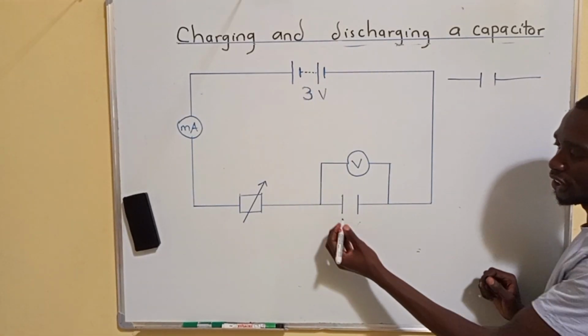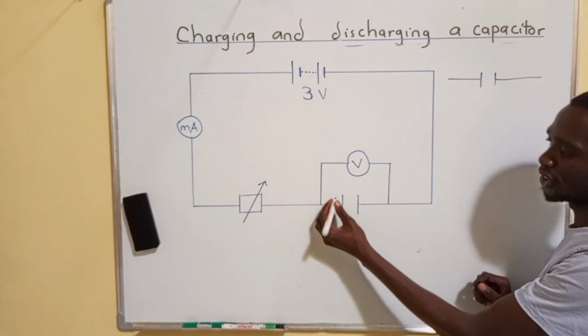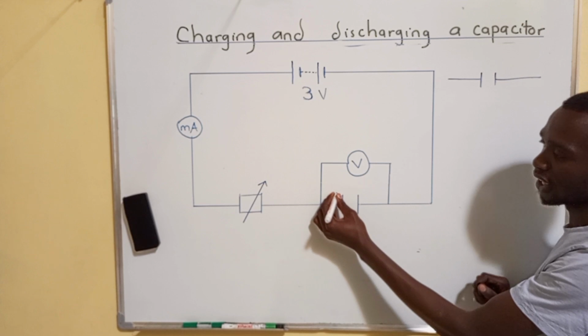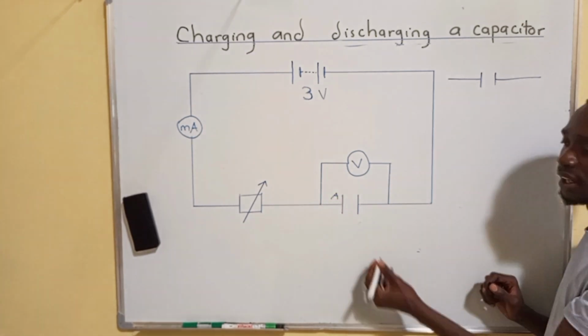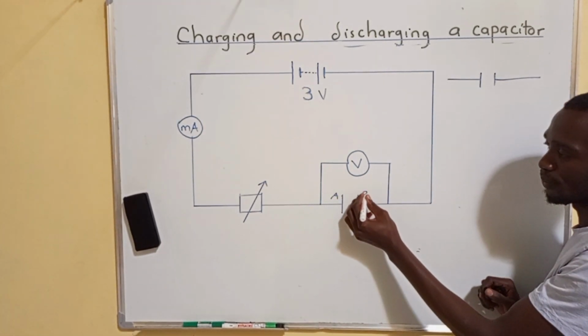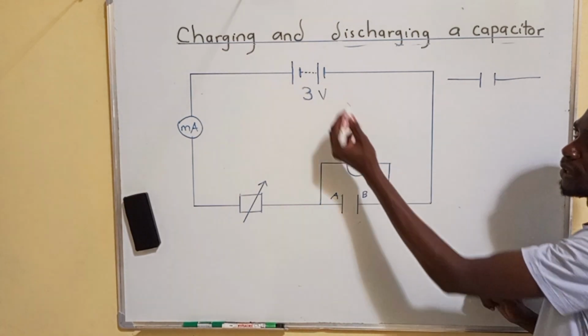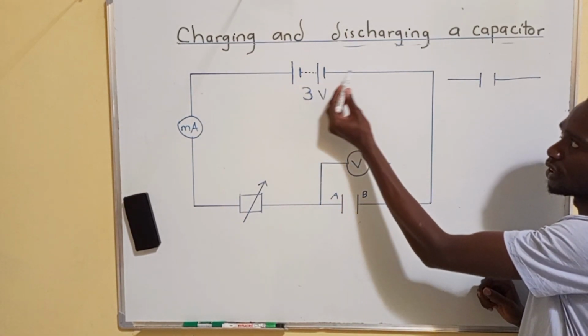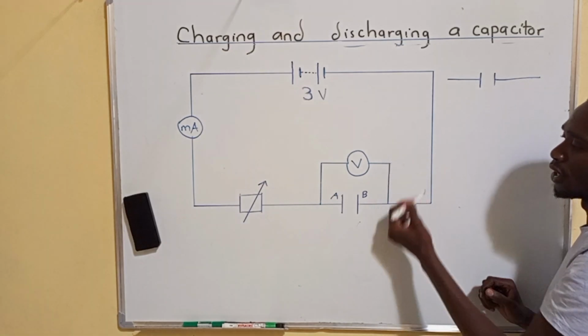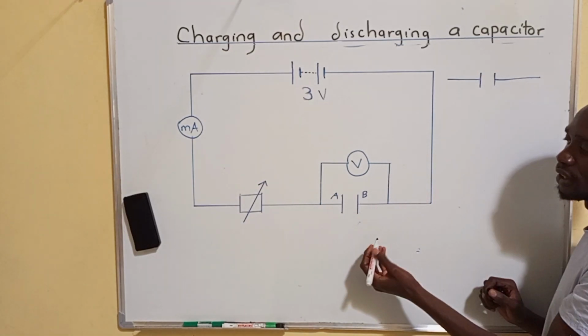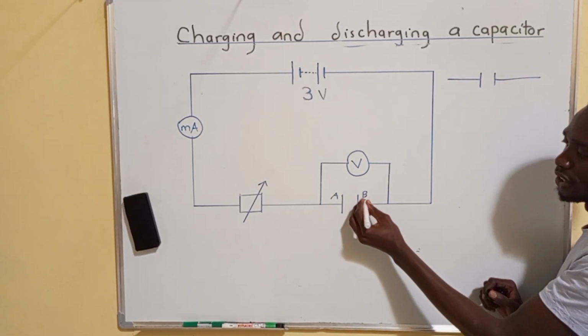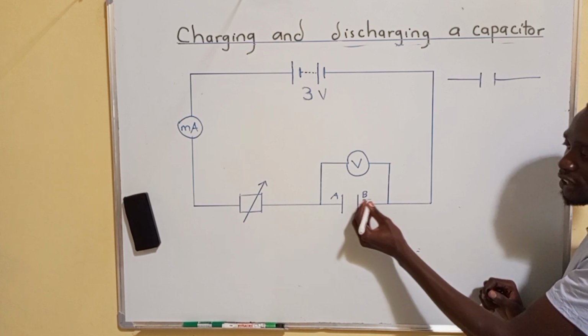Now, this is the capacitor. Let me say this is plate A of the capacitor and this is plate B. From the negative terminal of the battery, we follow the wire, so it means that plate B is going to be negatively charged.